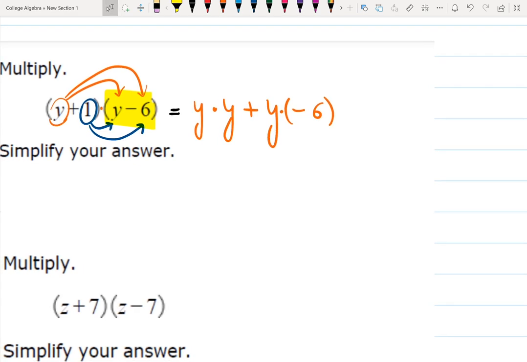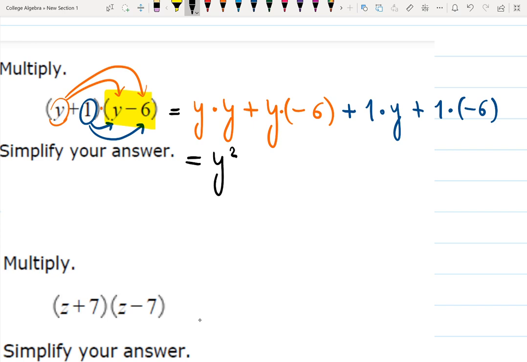I'm done with y, so I will move to the blue color to start multiplying everything with 1. Plus 1 times y plus 1 times -6. Simple as that. Of course you can skip all these parentheses and just write down right away. If in your mind you can do it faster, that's amazing.